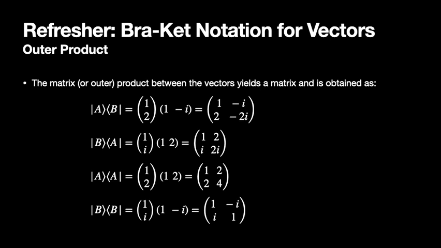Now, what is the physical meaning of all of these operations? We'll see in future videos. This was just a quick refresher of the mathematical bra-ket notation, and how you actually use it when you represent a ket as a column vector and a bra as a row vector.